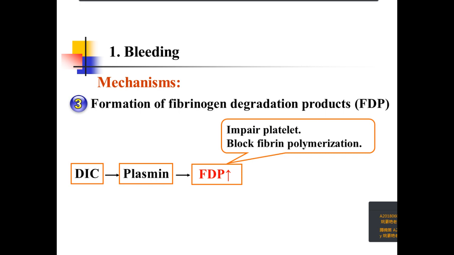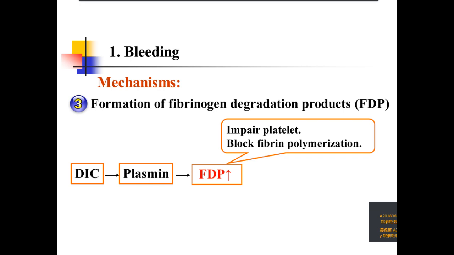So if FDP increases, fibrin can't form a clot. So FDP has anticoagulation function.